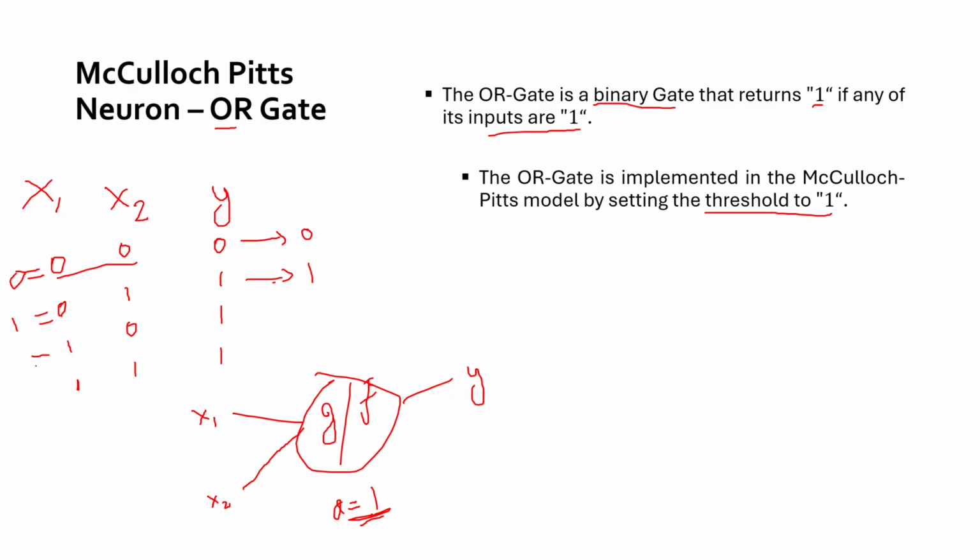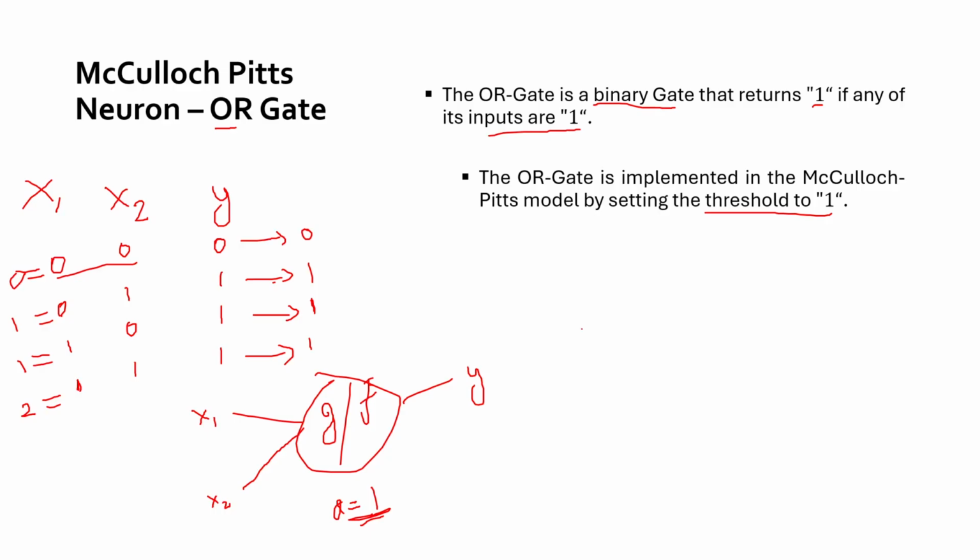Similarly, in this case, 1 plus 0 is 1, and 1 is greater than or equal to 1, yes, so you will get the output 1 also. And in this case, the aggregation of the two inputs x1 and x2, 1 plus 1, is 2, and 2 is greater than or equal to the threshold theta 1, yes. So thus you will get the output 1.